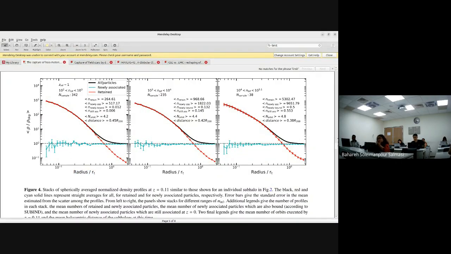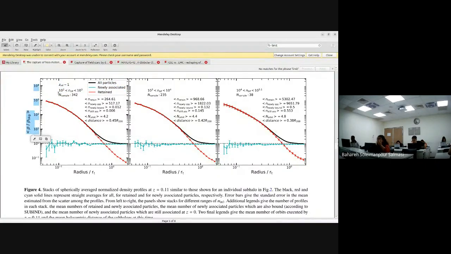The red line, retained, is the original dark matter particles, plus, though they didn't mention it clearly, I think also the permanently captured star particles. And the cyan line is the newly associated.